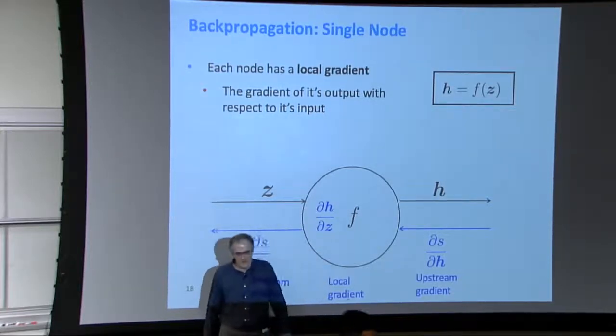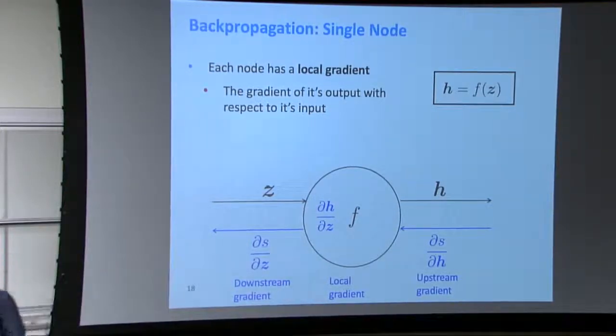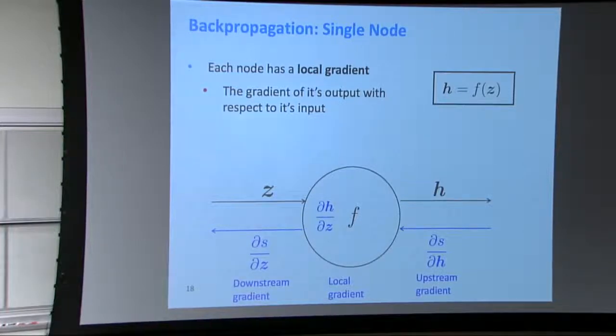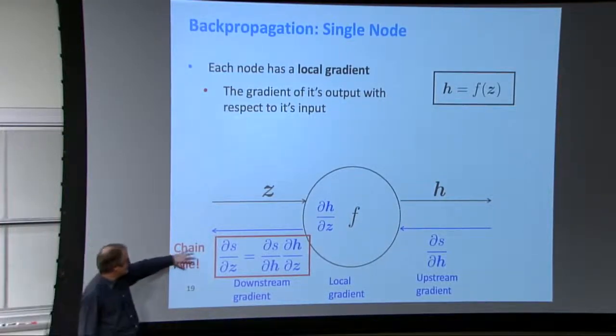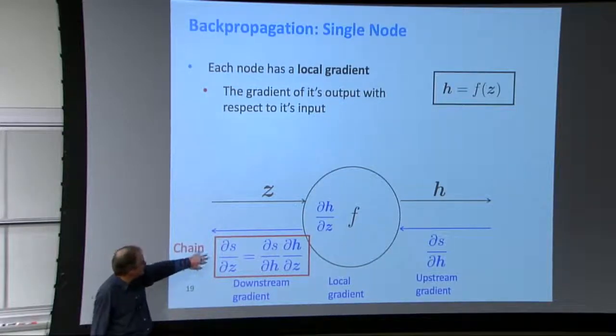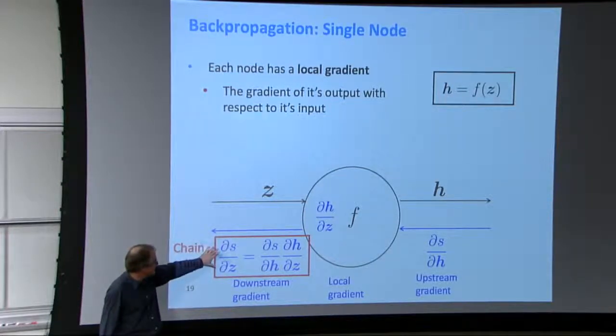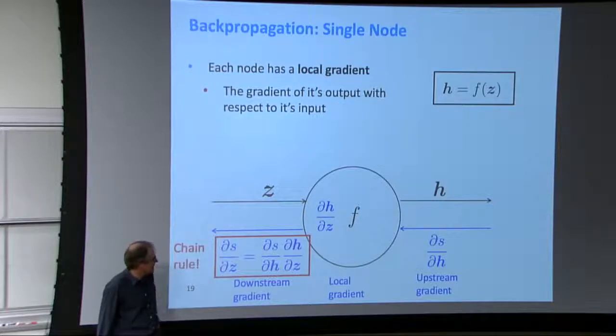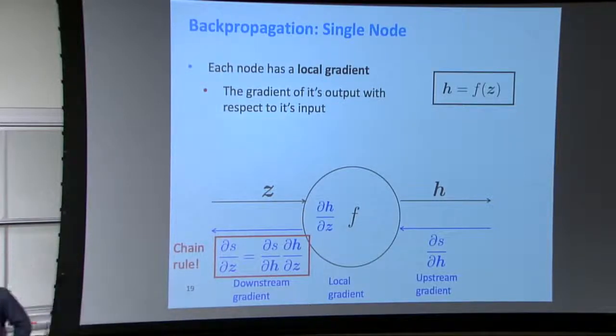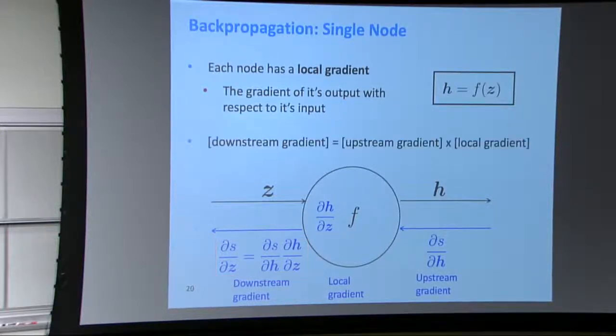So that's our local gradient. And so then if we have both the upstream gradient and the local gradient, we can then work out the downstream gradient, because we know the partial of s by z is going to be ds/dh times dh/dz. And so then we'll be able to pass down the downstream gradient to the next node.